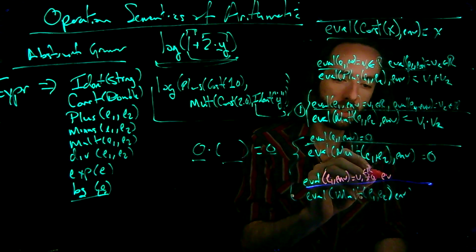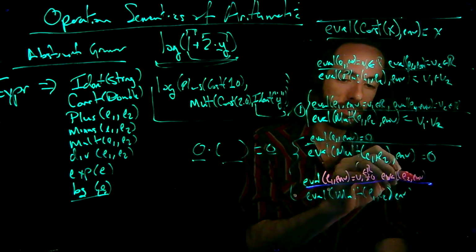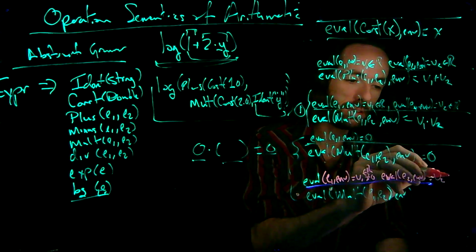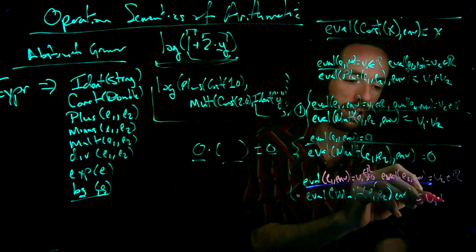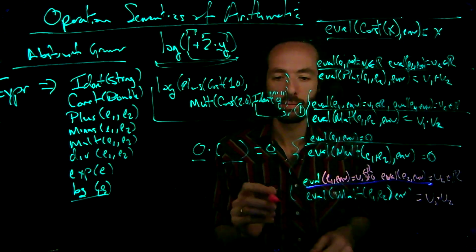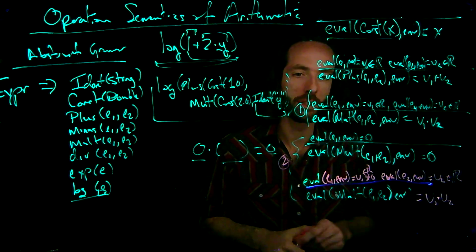And then we also want to eval e2 under the environment, and that should be v2, which is a number. And this should then return v1 times v2. So this is version number 2 of the multiplication rule.